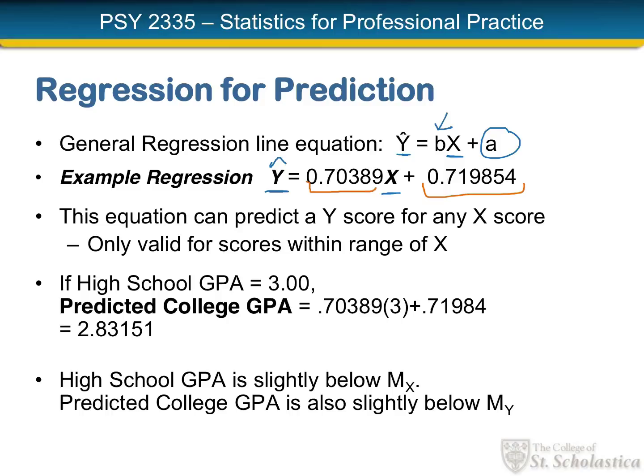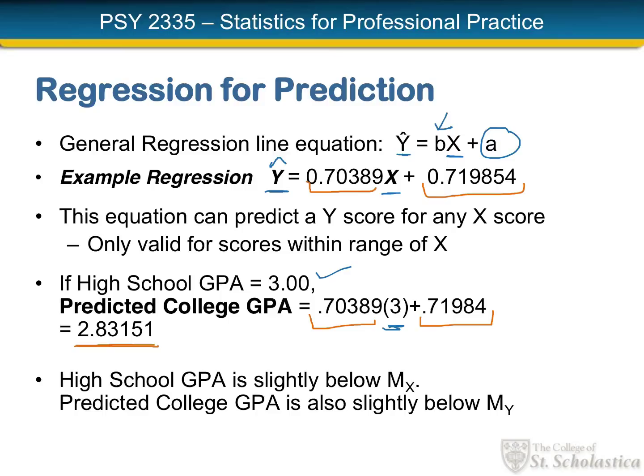So we could look at a GPA of 3.0. We had plenty of people that were between 2.5 and 3.5, but we did not have anybody at exactly 3.0. If we did have such a person, we would plug in the 3.0 and predict their college GPA by multiplying that by the slope, adding on the intercept, and saying that the 3.0 high school student would be predicted to be a 2.83 college student at the end of their first year of college.